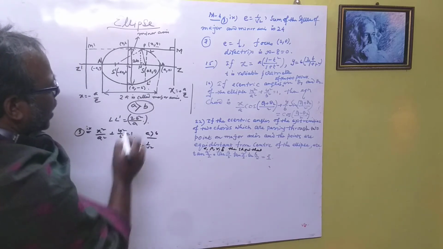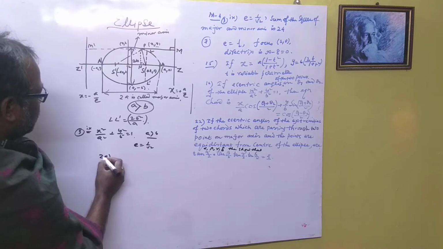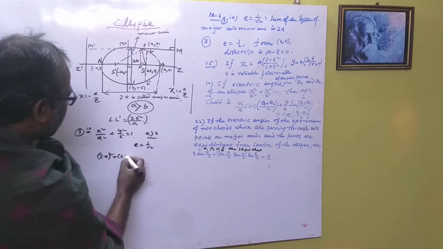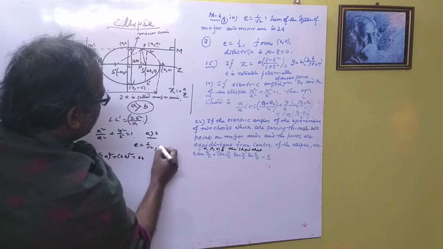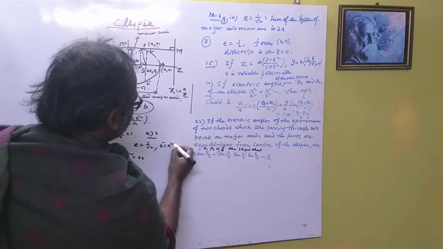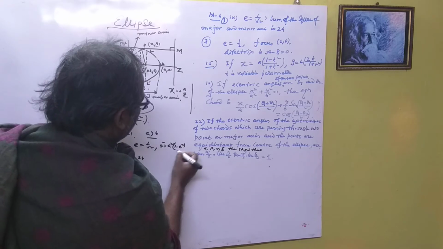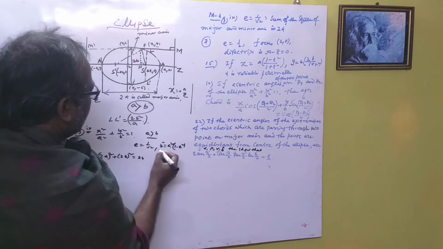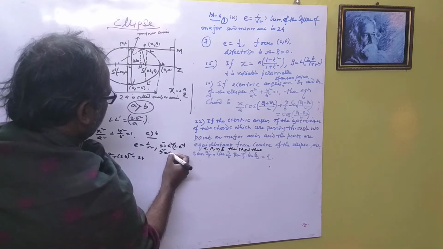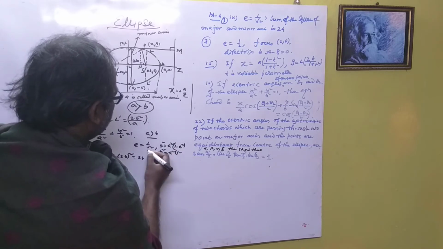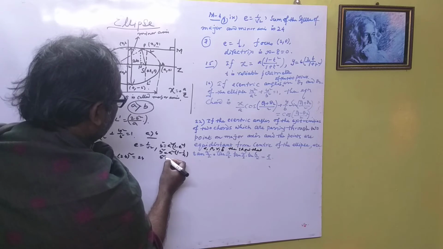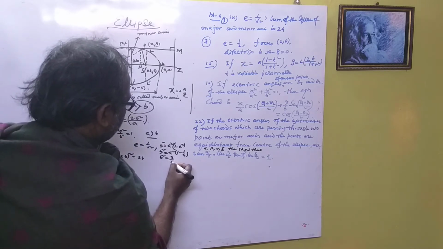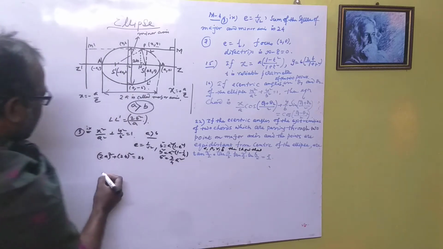The square of the major axis, that is 2a square, and the square of the minor axis, that is 2b square, is given as 24. Now b square equals a square into 1 minus e square. E square means 1 by 4 here. So now b square is equal to 3 by 4 a square.